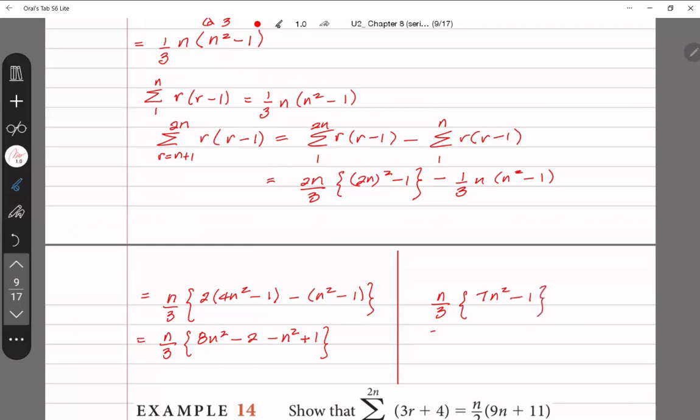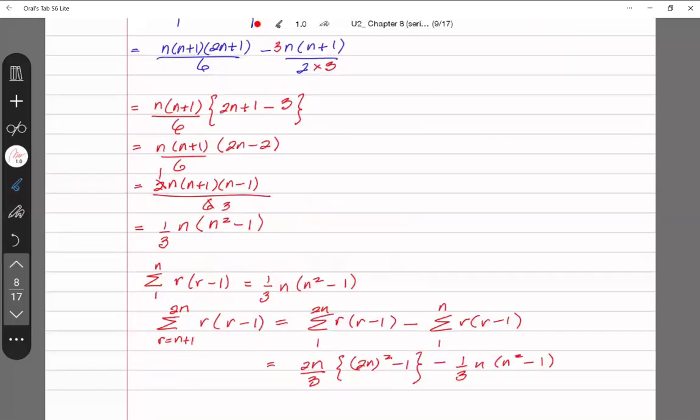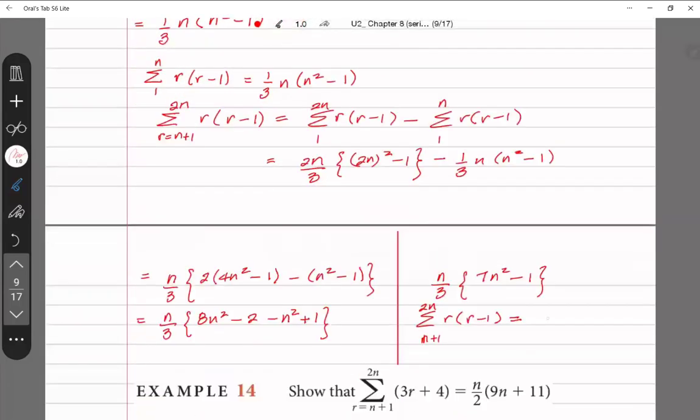And so the summation from r equals n plus 1 to 2n of r into r plus 1 is equal to, what did they say it should be equal to? And that's exactly what we have. It's equal to n over 3, open bracket, 7n squared minus 1. Okay.